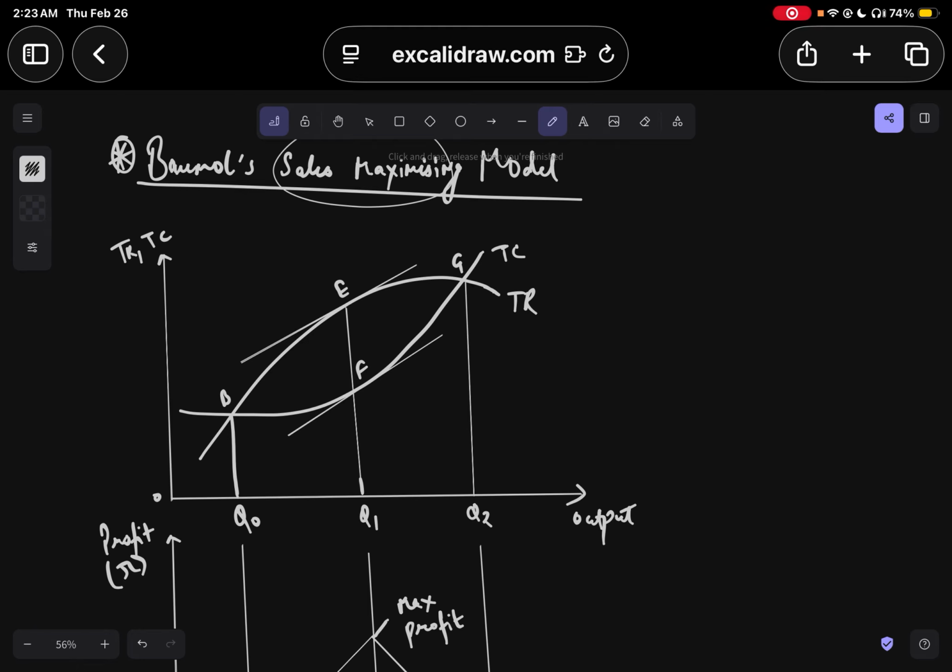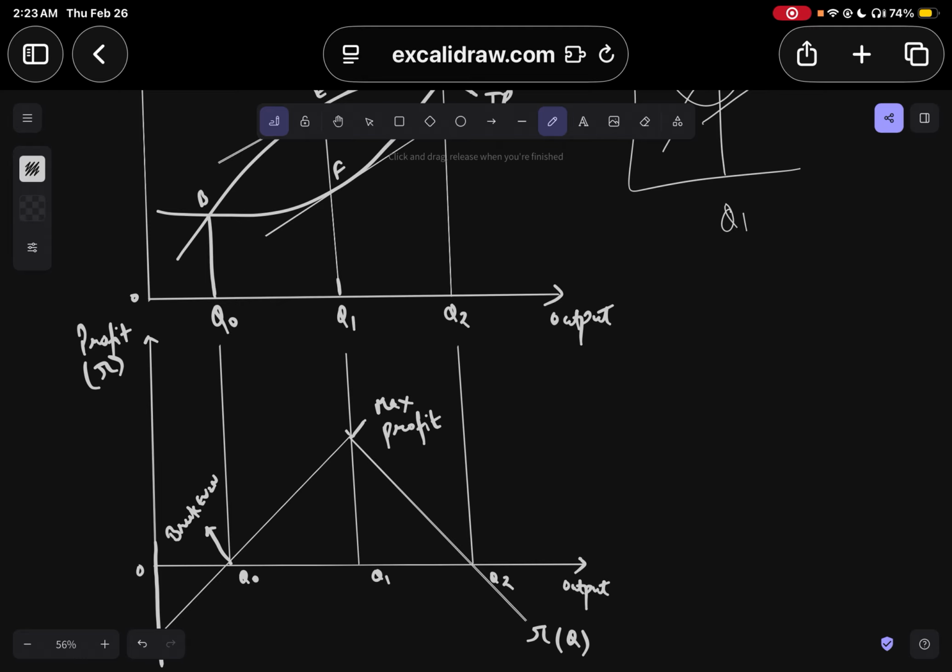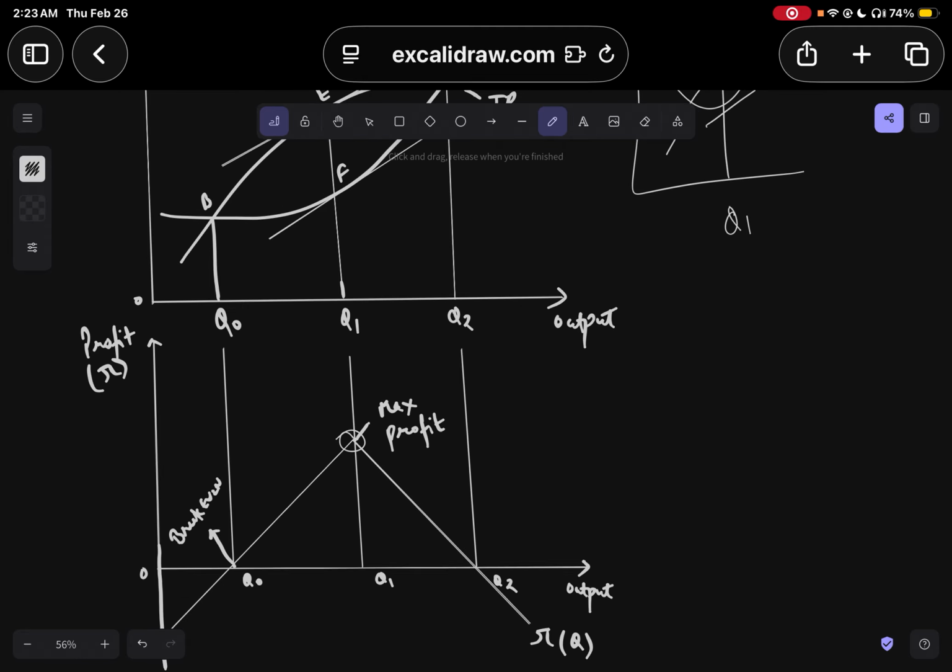This is a typical TR and TC curve, and it shows that at this particular point, where the distance between both of them is the highest, is the point of Q1, where there is maximum profit happening.